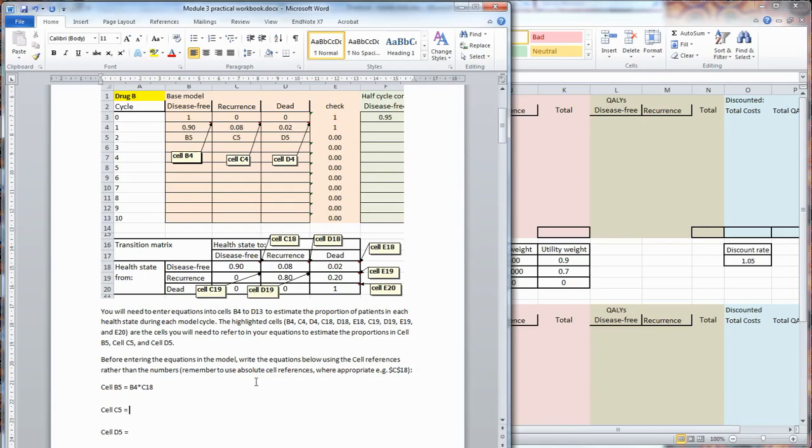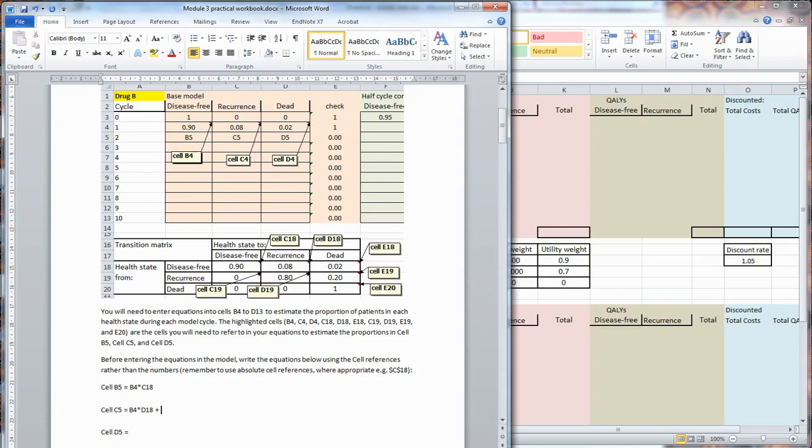For disease-free, very straightforward. For recurrence, we've got people who were in disease-free in the previous state, B4, multiplied by the probability of moving from disease-free to recurrence. So that's cell D18 in the transition matrix.